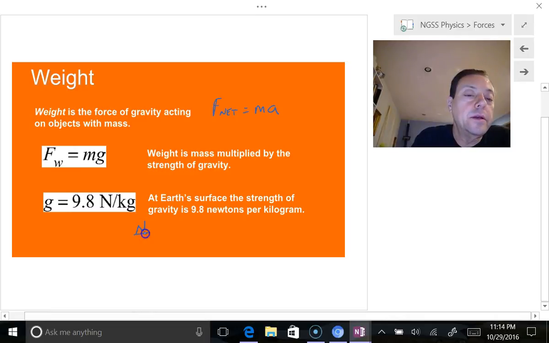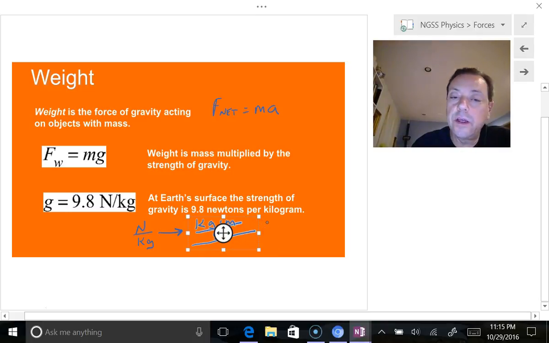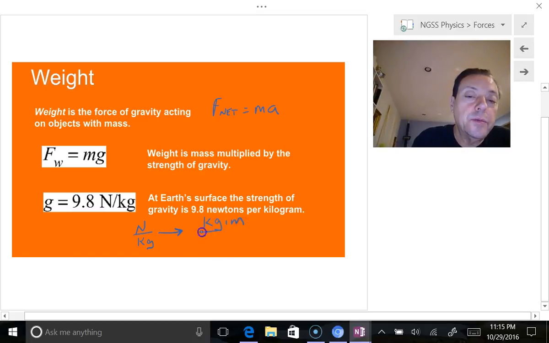Let me just restate this a little bit. A newton is a kilogram meter per second squared, as we said a couple of slides back. And we've divided that by kilograms.